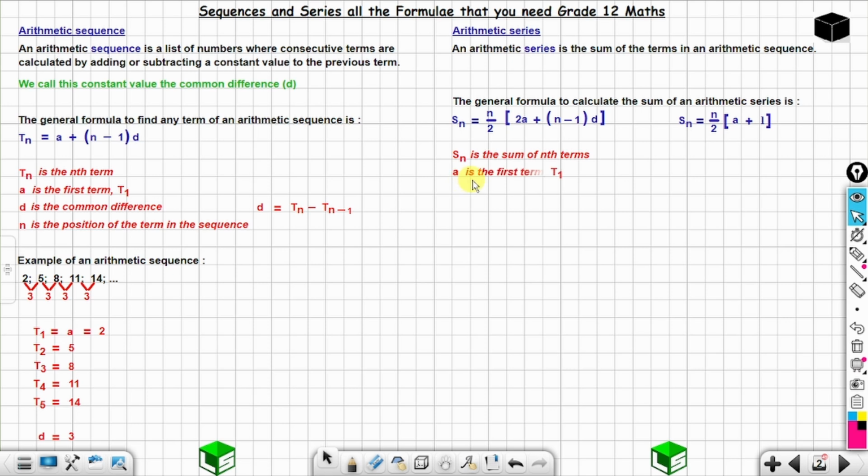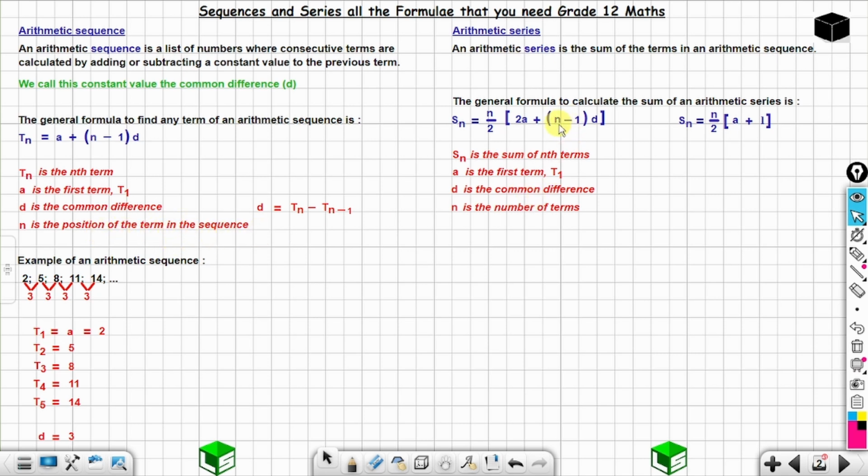Now, A is the first term, T1. D is the common difference. N is the number of terms. In the general formula to find any term of an arithmetic sequence, n represents the position of the term in the sequence.